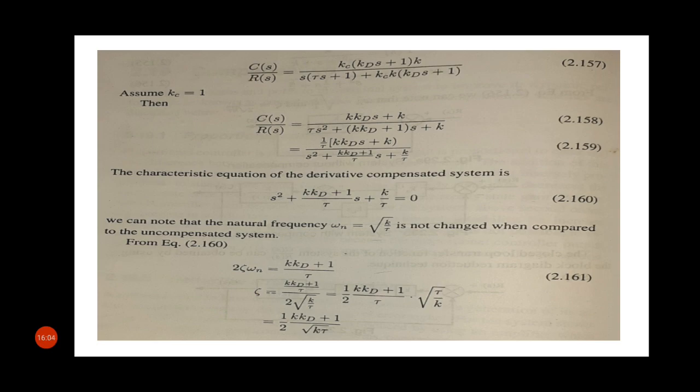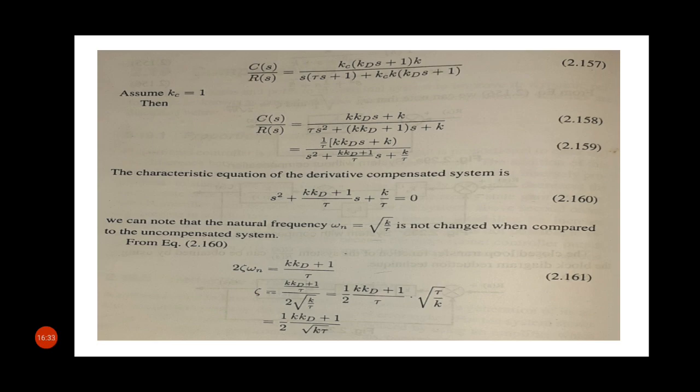Now after simplifying equation 2.158, it will be like this, which I have given the equation number 2.159. After simplifying, the transfer function is (1 by tau into (K Kd s plus K)) divided by (s square plus ((K Kd plus 1) divided by tau) into s plus K by tau).